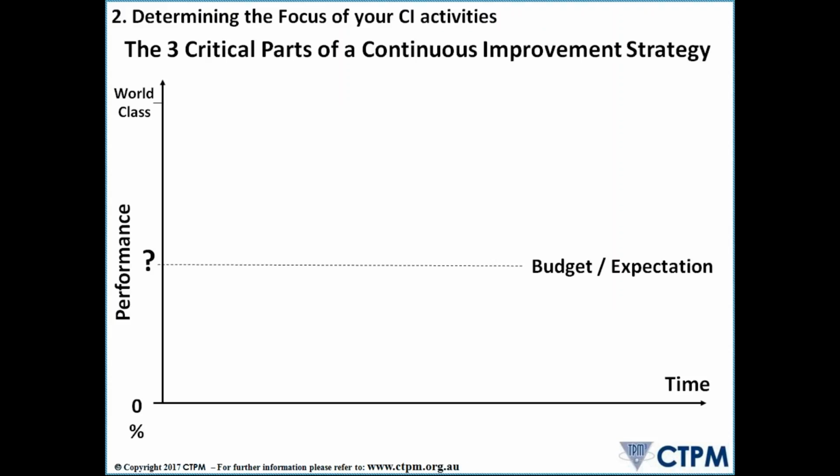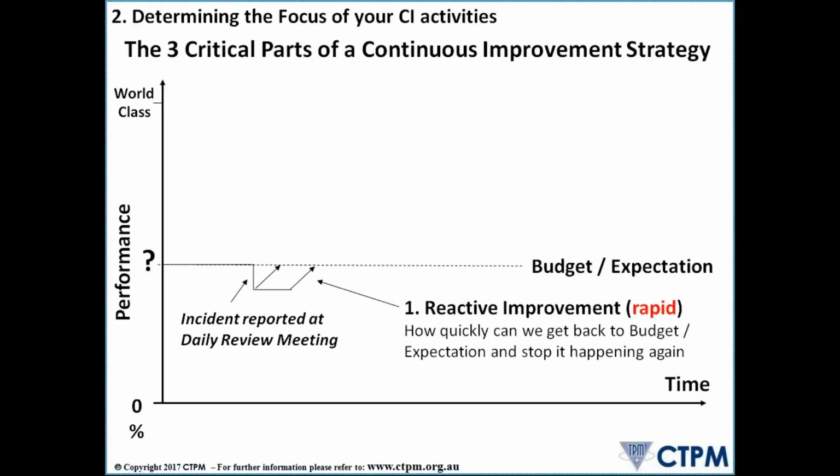Determining the focus of your activities is another important thing to think about. And what we've found is in determining the focus, we need to remember there's 3 critical parts of a continuous improvement strategy. In other words, how we're going to win with improvement. And again, we've talked about this in many of our previous webinars.